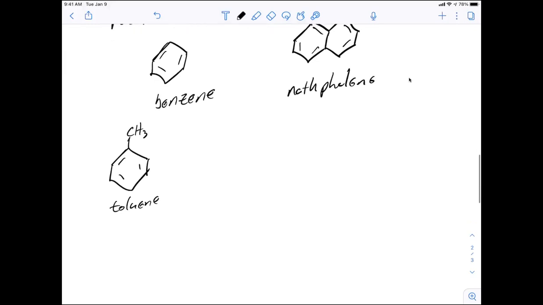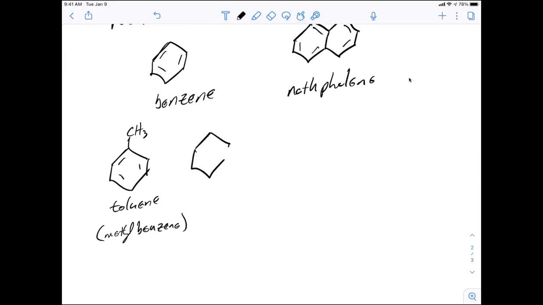It could be known as methylbenzene, but its common name, toluene, is an accepted parent name. Because of this, there's a list of these that you're going to need to know. And we'll go through that list now.